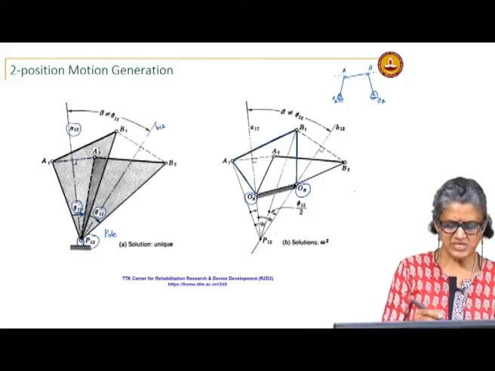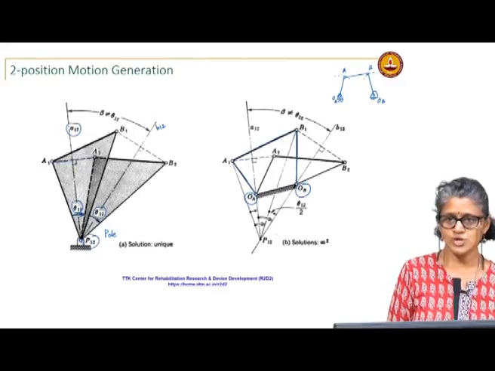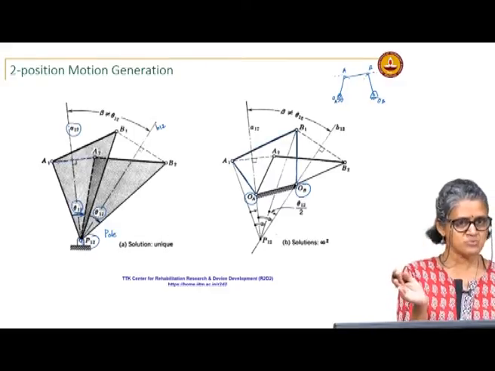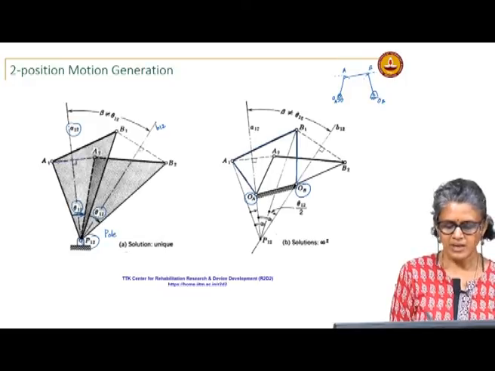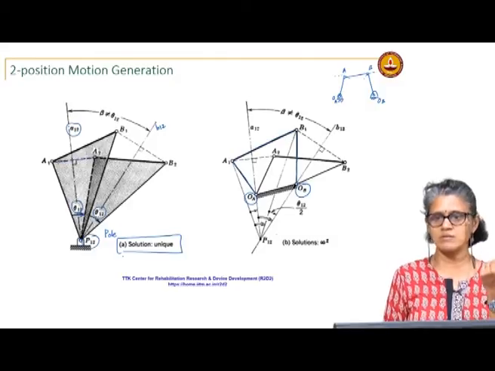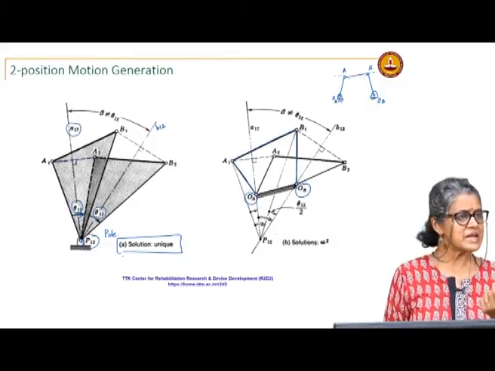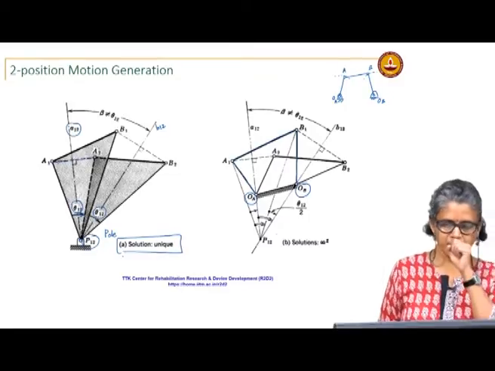So, when I pick the pole as my solution for achieving this movement, I only have a unique solution, because there is only one pole for the two positions. So, it is very limiting in that sense.